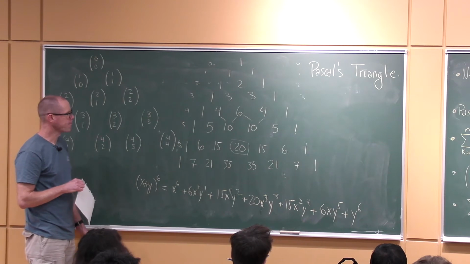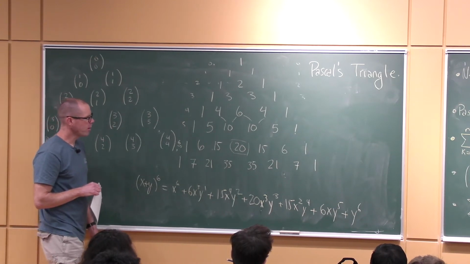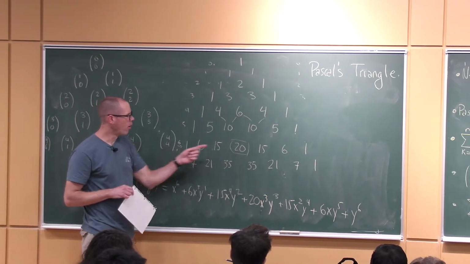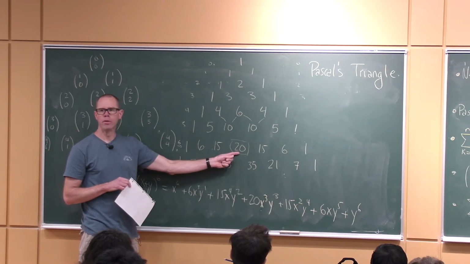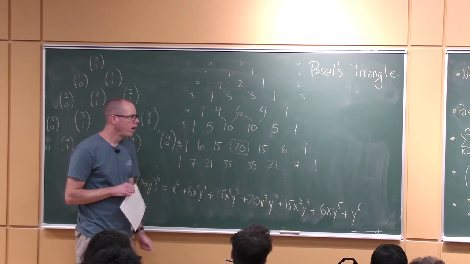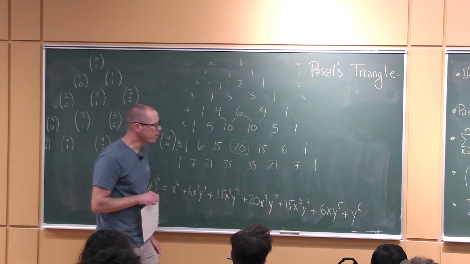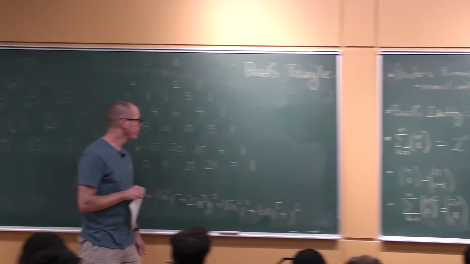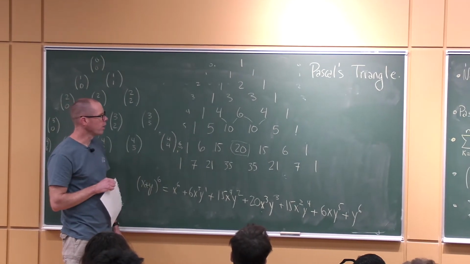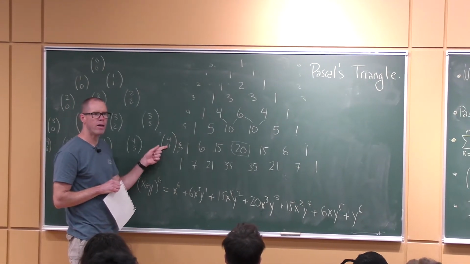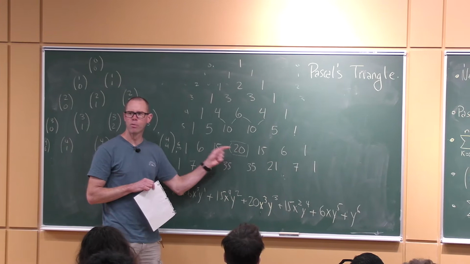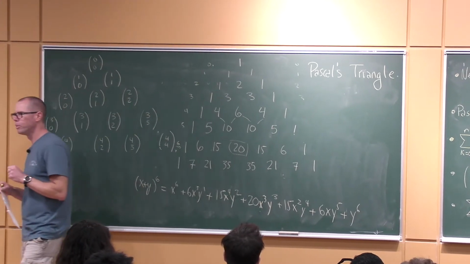And really, when I say the middle of the row, it really is the unique number in the middle of the row. Why is it unique? Well, because 2n is an even number, and row 2n has 2n plus 1 entries, so an odd number of entries, so there really is one squarely in the middle.